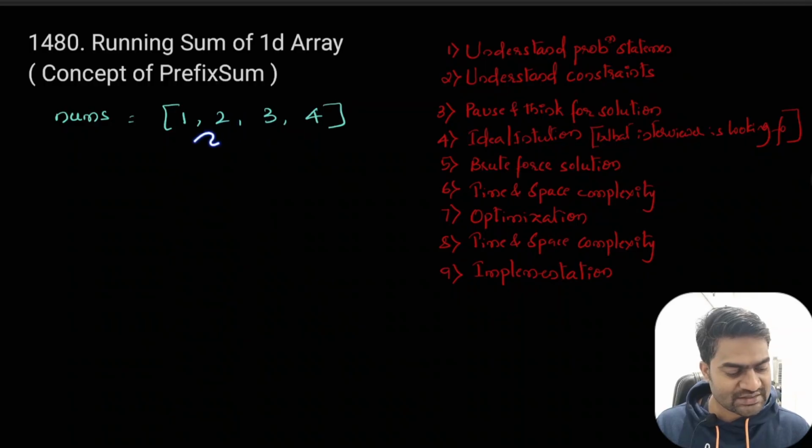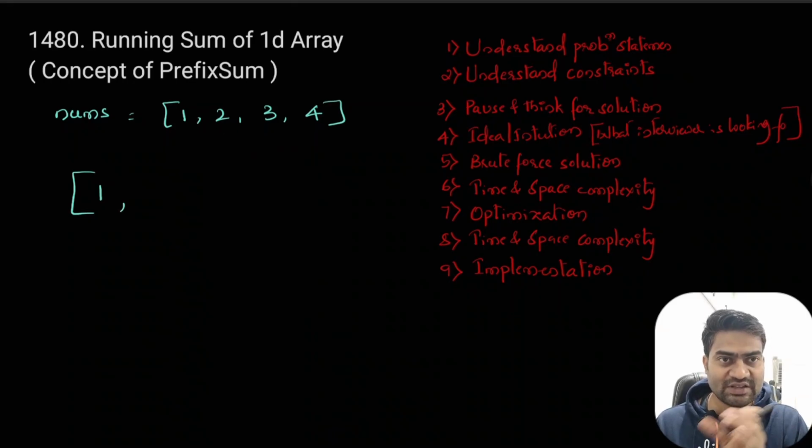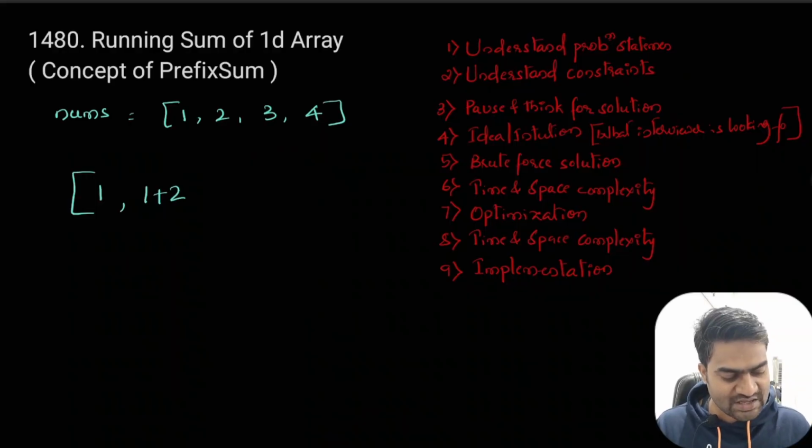Since this is our given array, our running sum array will be, first number: there is nothing before 1, so it will be only 1. For the second number, there is a previous number which is 1, so we add that to that particular number. For the third number, it should be 1 plus 2 plus 3.